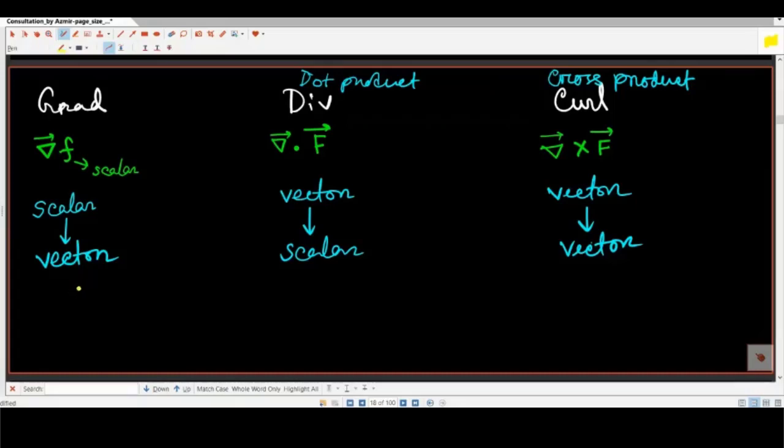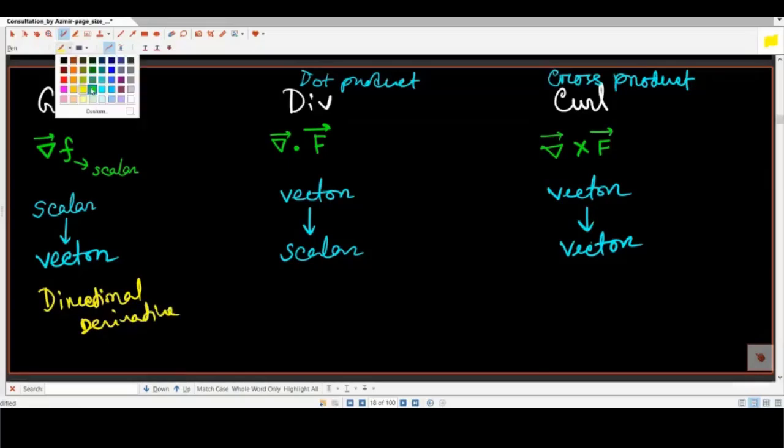We have another term that is known as directional derivative. So directional derivative is denoted by du dot f. So since dot product is coming, so it will be again a scalar.